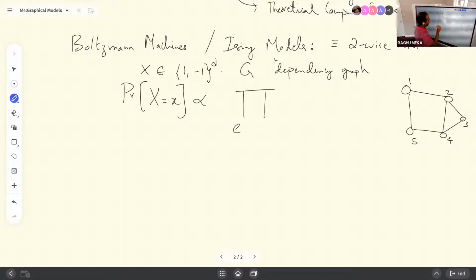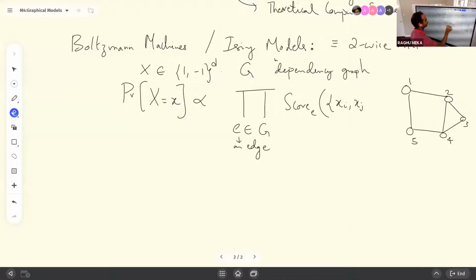So for each edge in the graph, you look at some score function e of xi, xj. Okay. So somehow you have functions on pairwise variables, and then you're multiplying them.